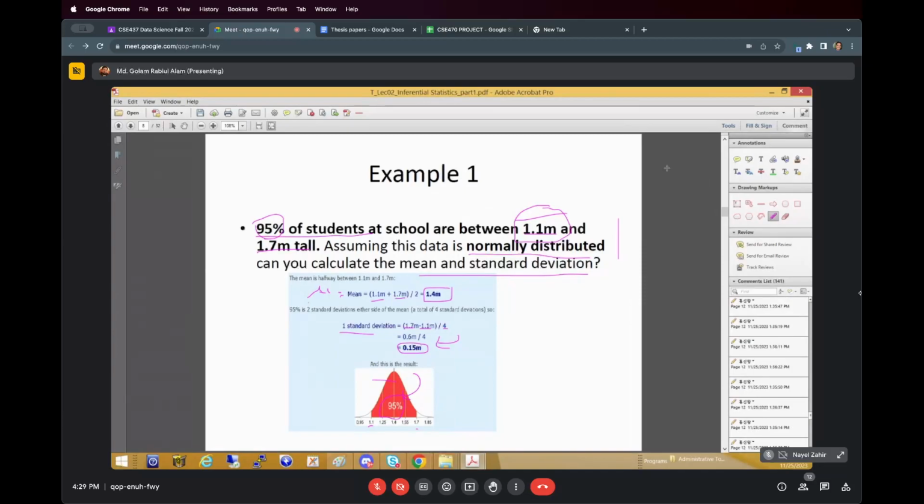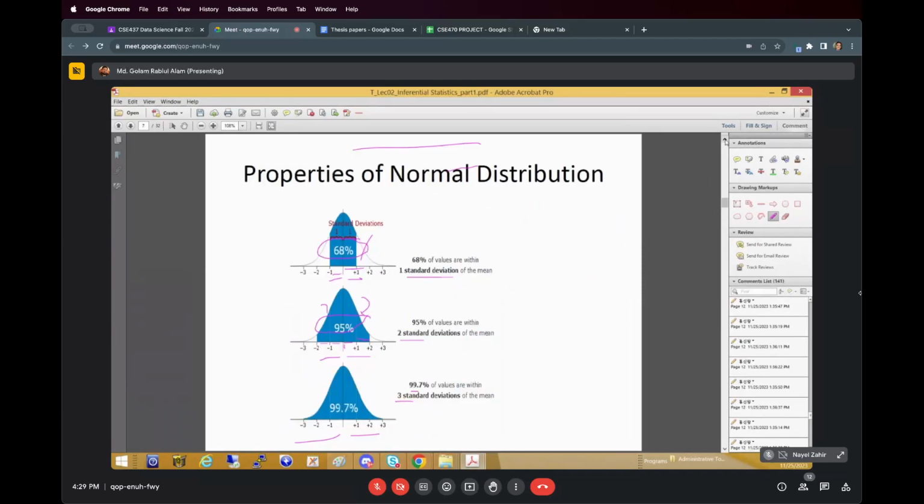Two standard deviations means two positives and two negatives, within this range. So how many sigmas are there? 1, 2, 3, 4. That is 4 sigma. Here is the 1, 2, then 3, 4. Okay, 4 sigmas are there.